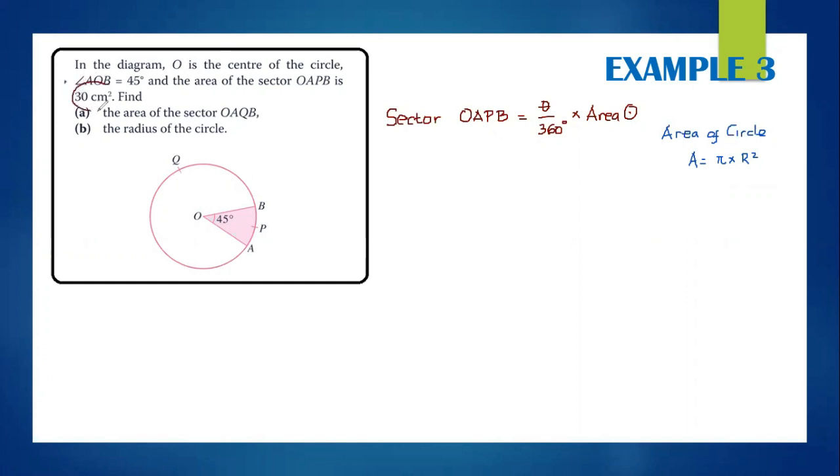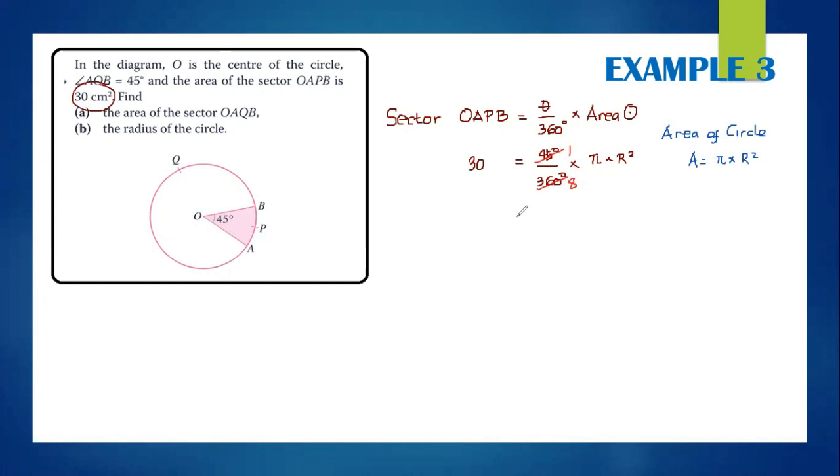So 30 equals theta, which is 45 degrees, over 360 degrees times the area, pi times r squared. Can you cancel this one? 1/8.